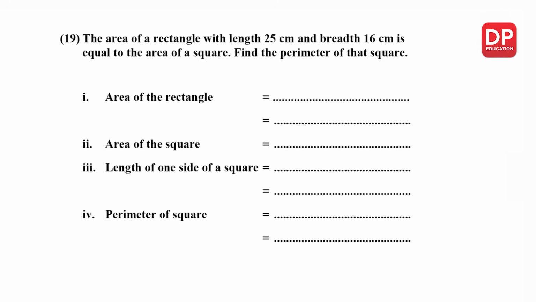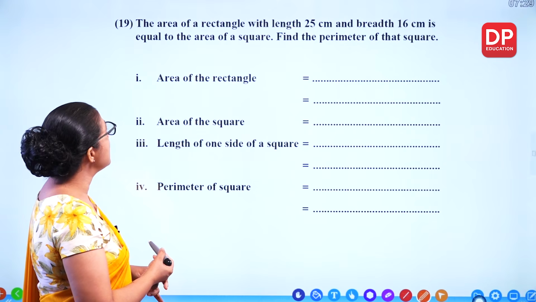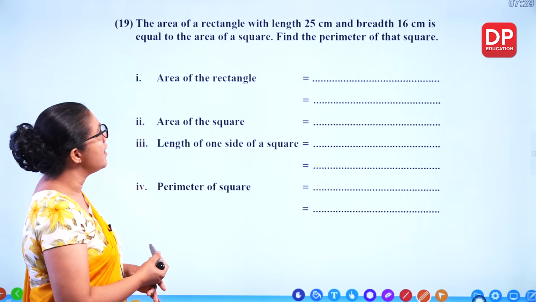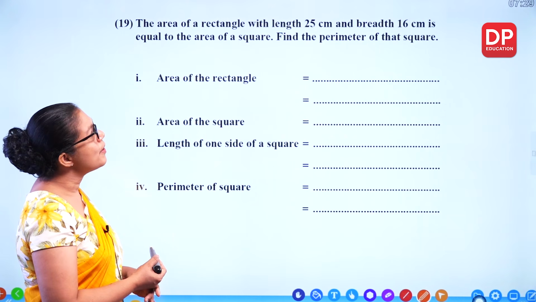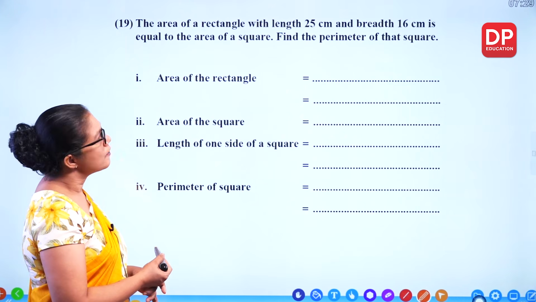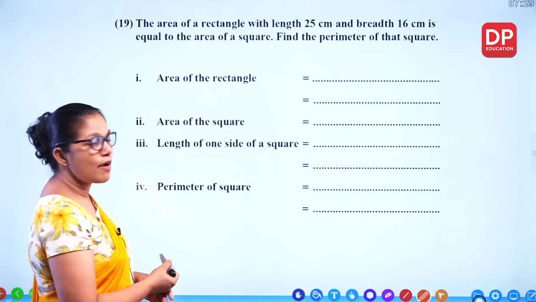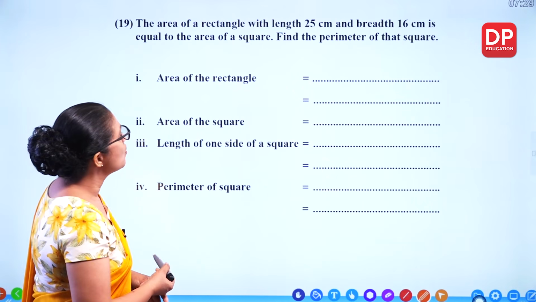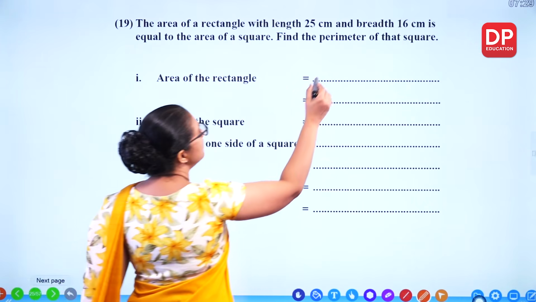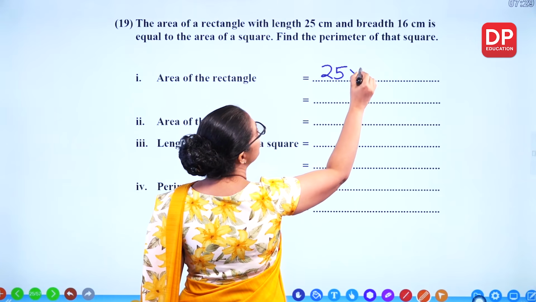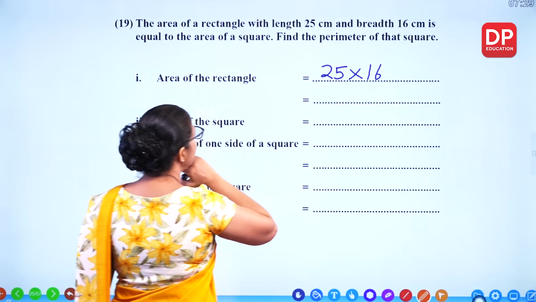The area of a rectangle with length 25 centimeter and breadth 16 centimeter is equal to the area of a square. Find the perimeter of that square. So first we need to find out the area of the rectangle. 25 is the length. 16 is the breadth.